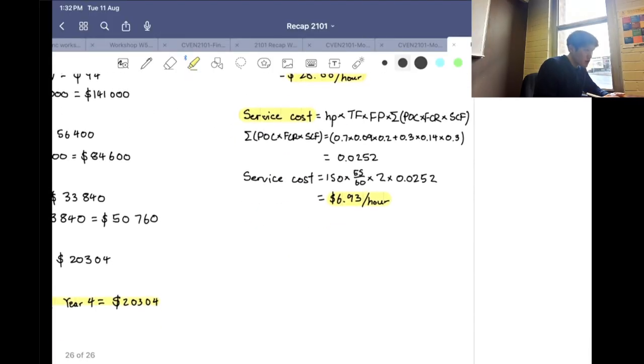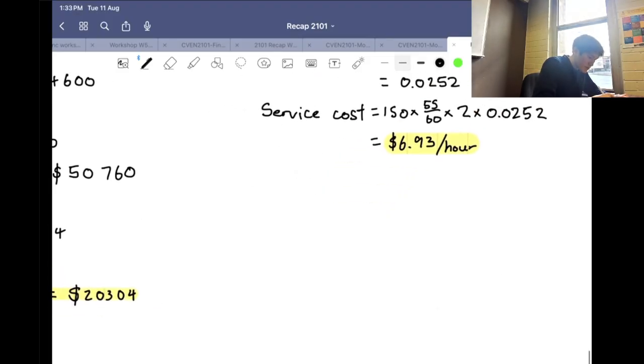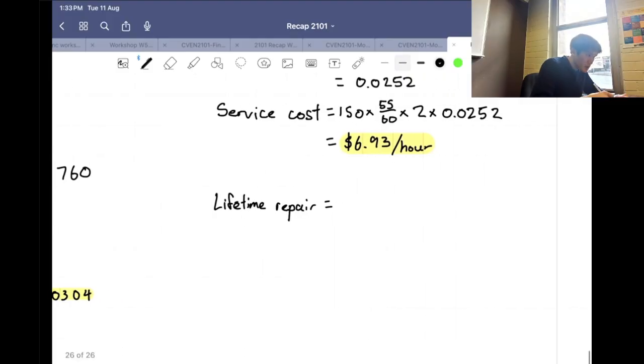We're good. Moving on to your lifetime repair cost. And that should just be equal to your lifetime repair cost factor. Let's write it down.